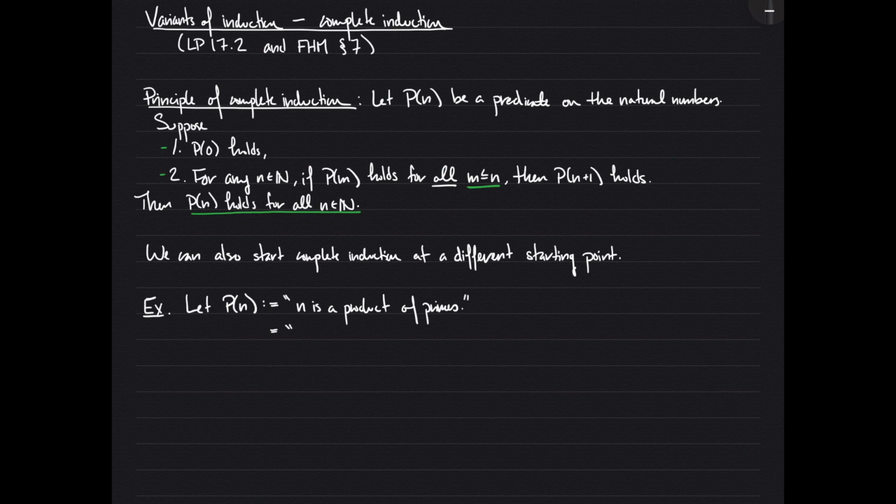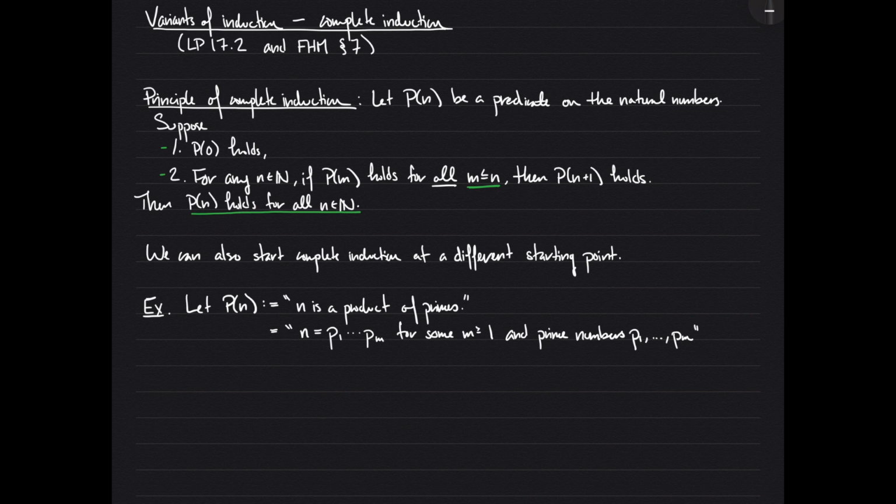Since n being a product of primes maybe isn't so clear, we can say more explicitly that n equals p1 times p2 times p3 and so on up to pm, for some integer m, where p1 through pm are prime numbers. So there has to be at least one of these p's, but there could be 1, 2, or 3. Okay, so that's what I mean when I say that n is a product of primes.